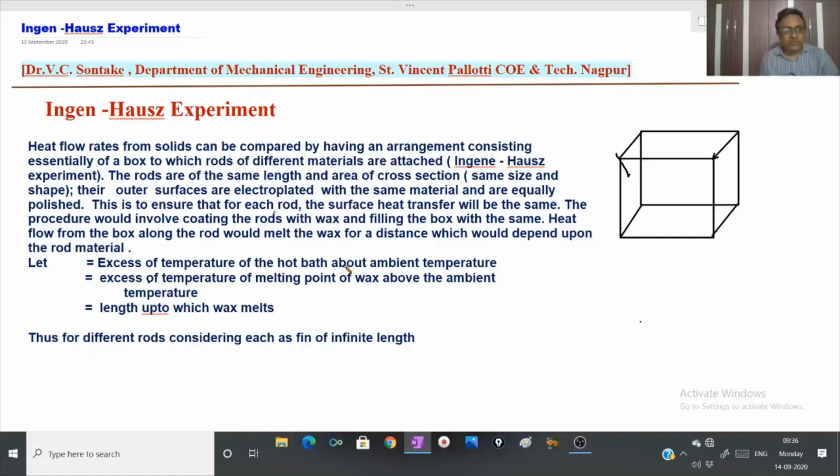The procedure would involve coating the rods with wax and filling the box with the same. Heat flow from the box along the rod would melt the wax for a distance which would depend upon the rod material. So let us understand what this Ingen-Hausz experiment is all about.